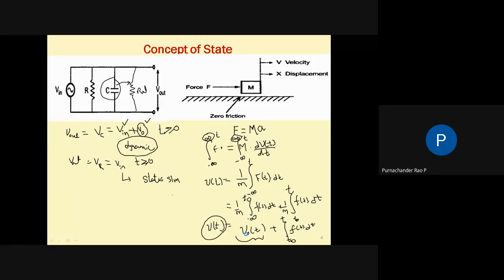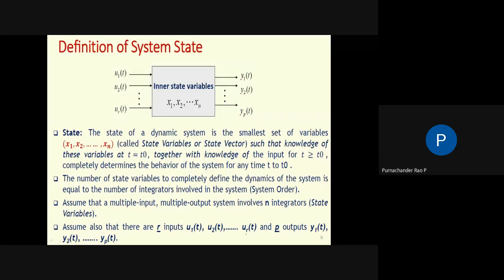Now we will define the state. Let us consider a system having n state variables, r inputs u, and p outputs.